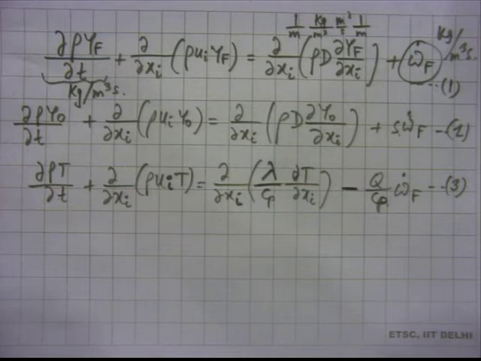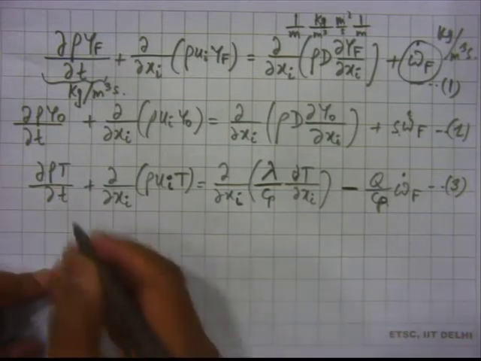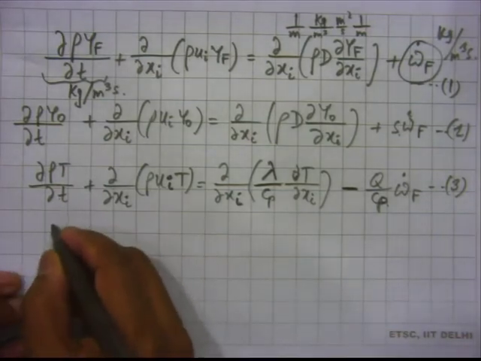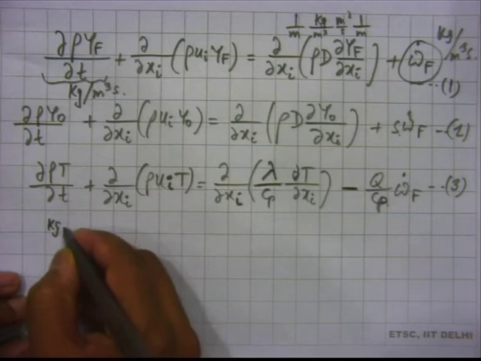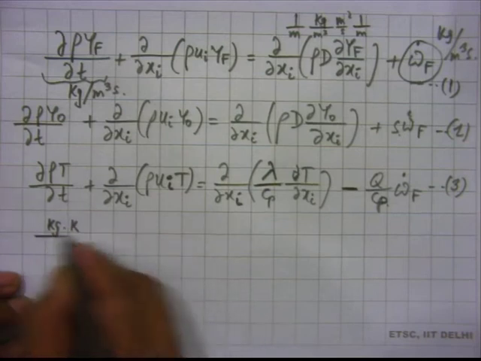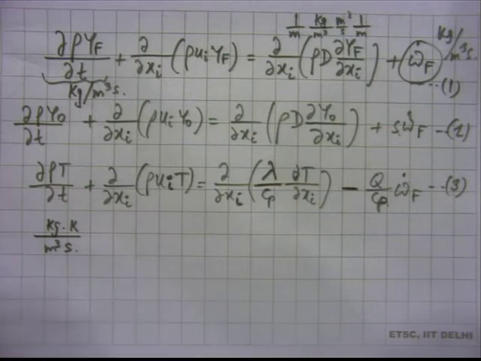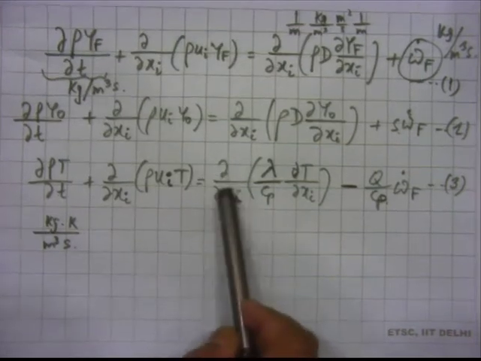Yeah, so Kelvin only. kg Kelvin per meter cube. Okay, it's looking a little odd because we have actually divided by Cp, isn't it? This equation is after division by Cp.